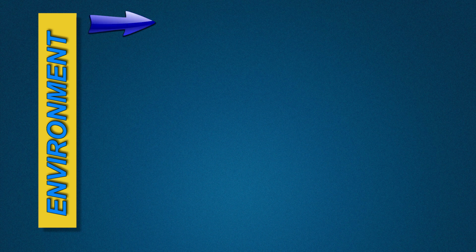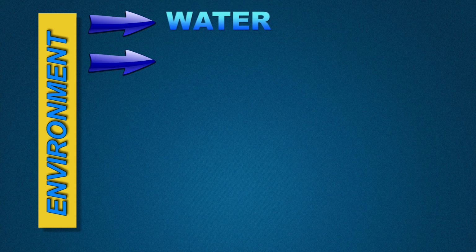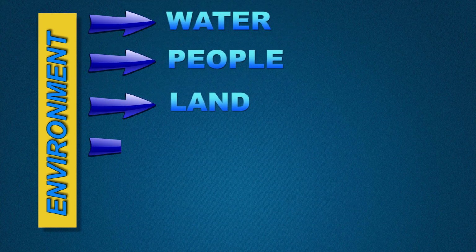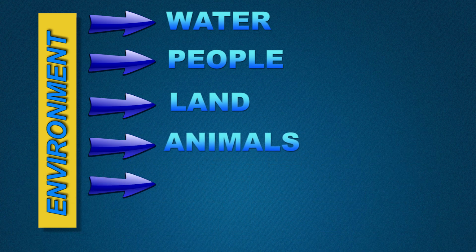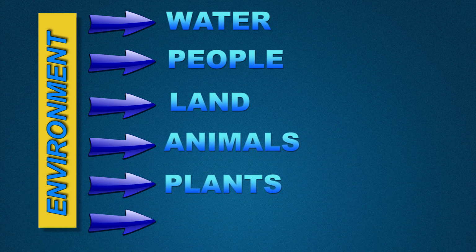I think it is water, people, land, animals, plants, air is the last one. Name all the words that can be referred to the word water. River, ocean, lake, waterfall, rain, fresh water, and so on.